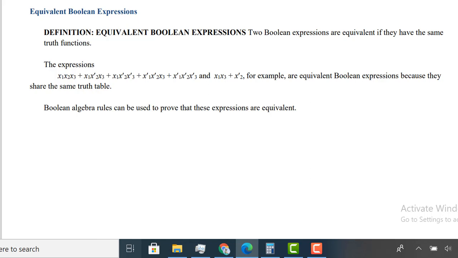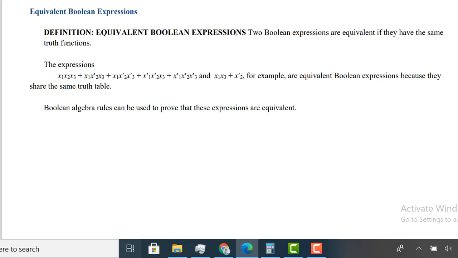So right here, equivalent Boolean expressions. We know two Boolean expressions are equivalent if they have the same truth function, as we've seen earlier. So this big expression and this one are equivalent Boolean expressions because they share the same truth table. So how can we prove that this one is the same as this one?